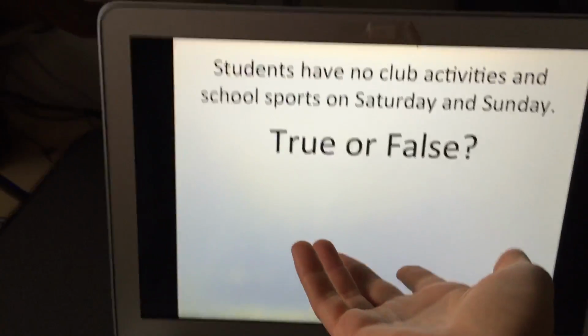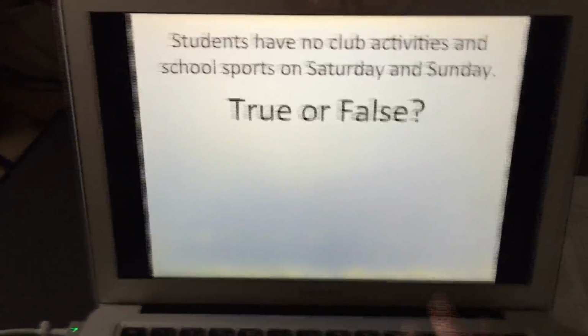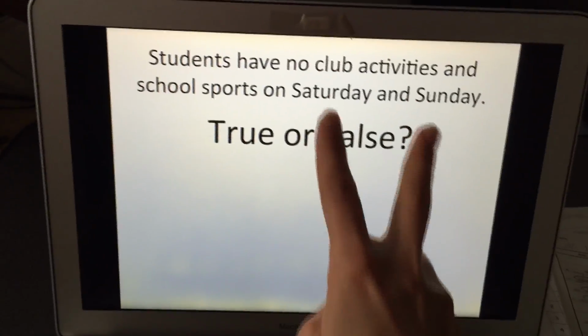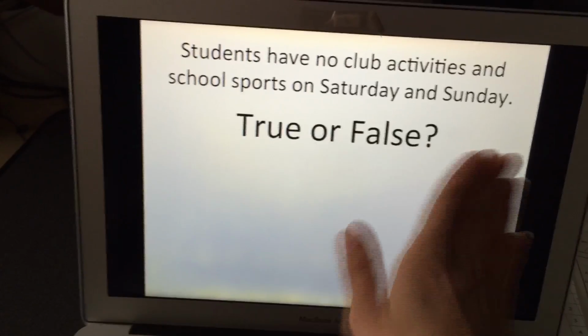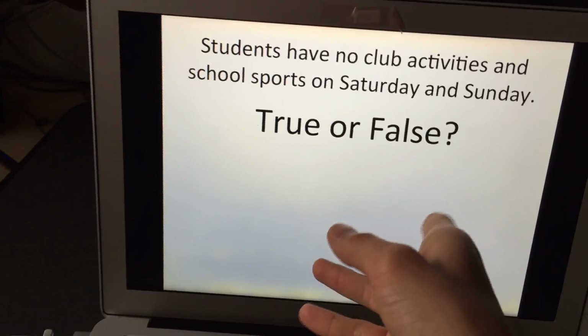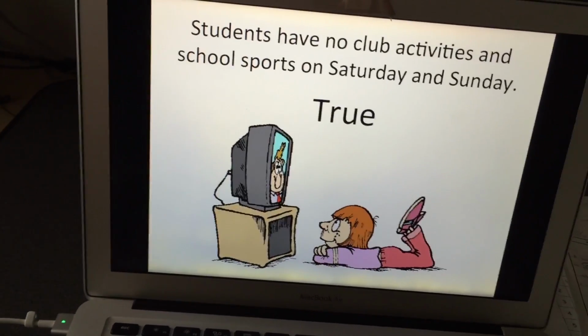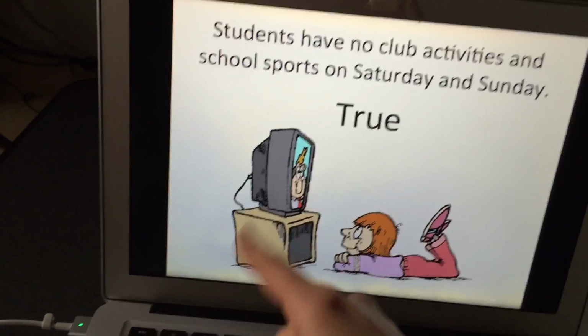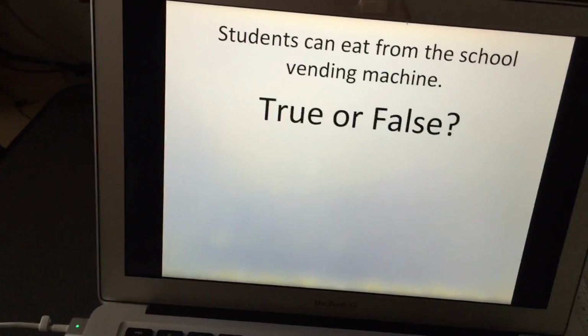So teachers in Japan might have a 7-day work week, which is pretty nuts. But in Canada, Saturday and Sunday, there is no school. Unless it's a festival or something, Saturday and Sunday is for the students. So I put true. Kids can stay home, do whatever, relax.